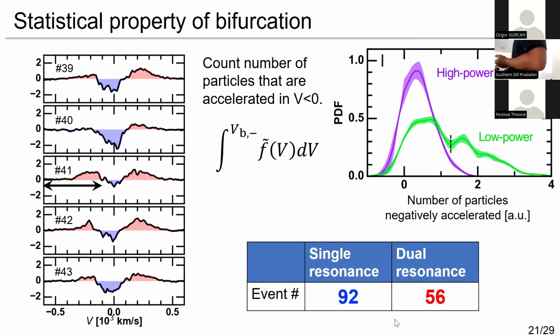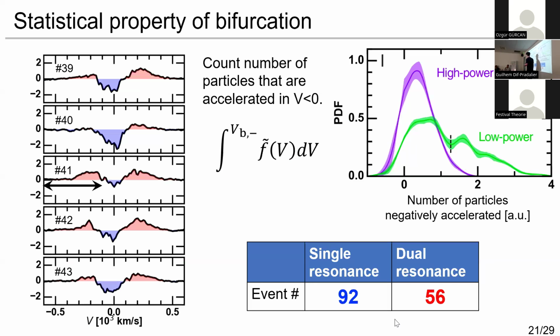So let me discuss the statistical property of that bifurcation. What I'm talking about here is the perturbation component at different event numbers like this. For example, if you look at the case of number 40, you don't have any negative tail here. But if you look at event 41, you will see a negative tail.